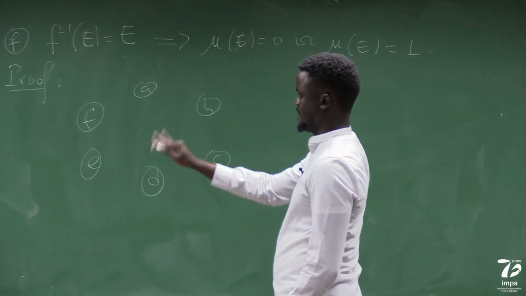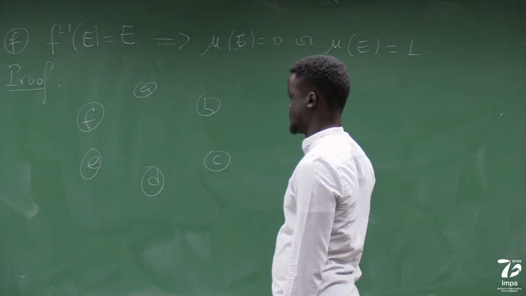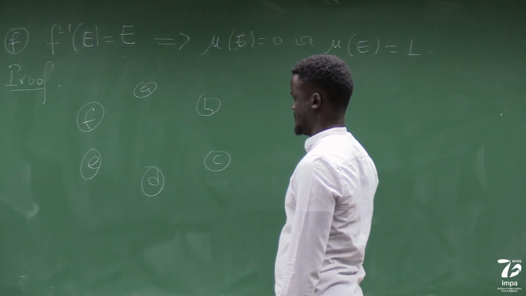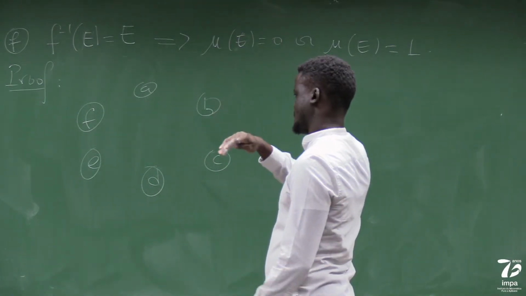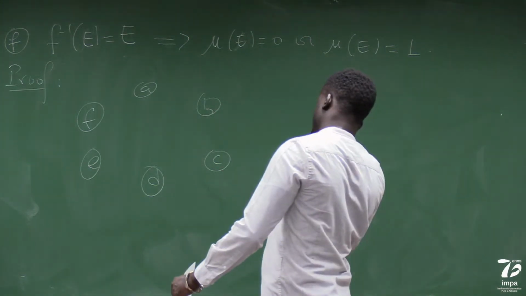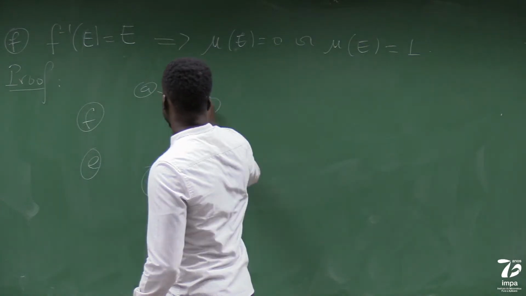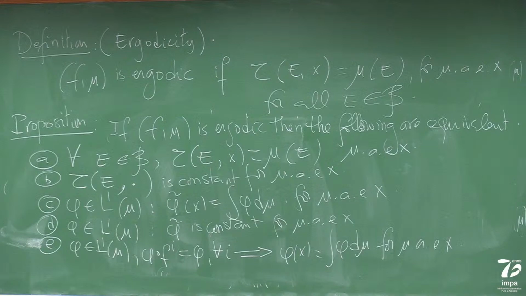To prove that they are equivalent, you just need to prove that this graph is simply connected, and at every point you have an exiting arrow and an entering arrow. So A implies B is easy, right?